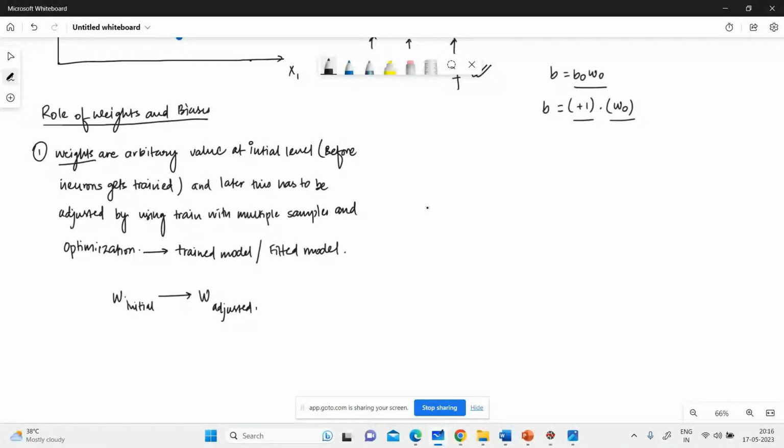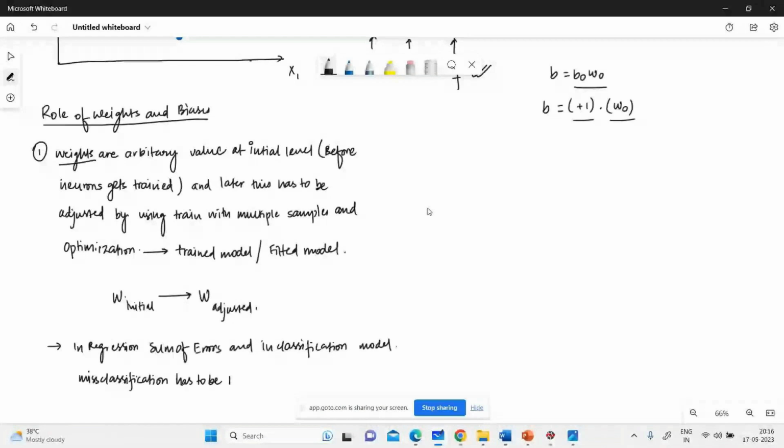In a regression problem, the sum of error, and in a classification model, misclassification has to be handled or adjusted to get our best model, to get my fitted model.